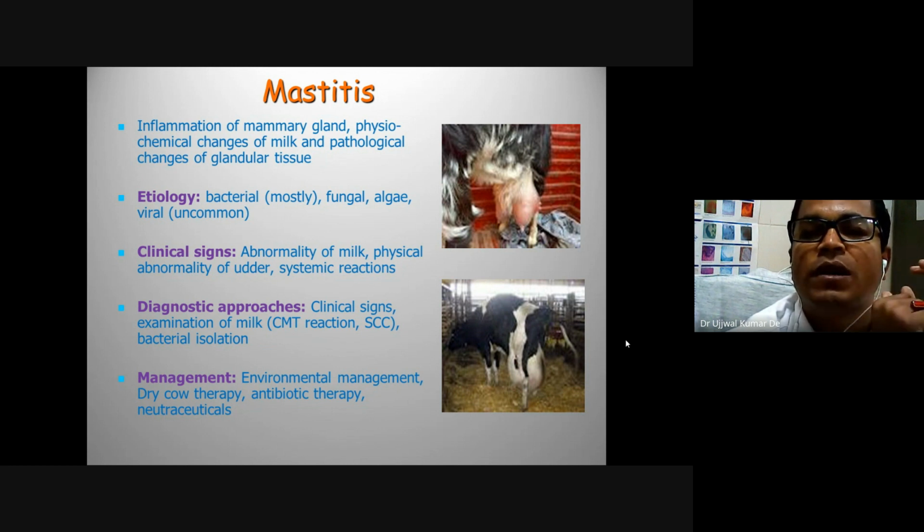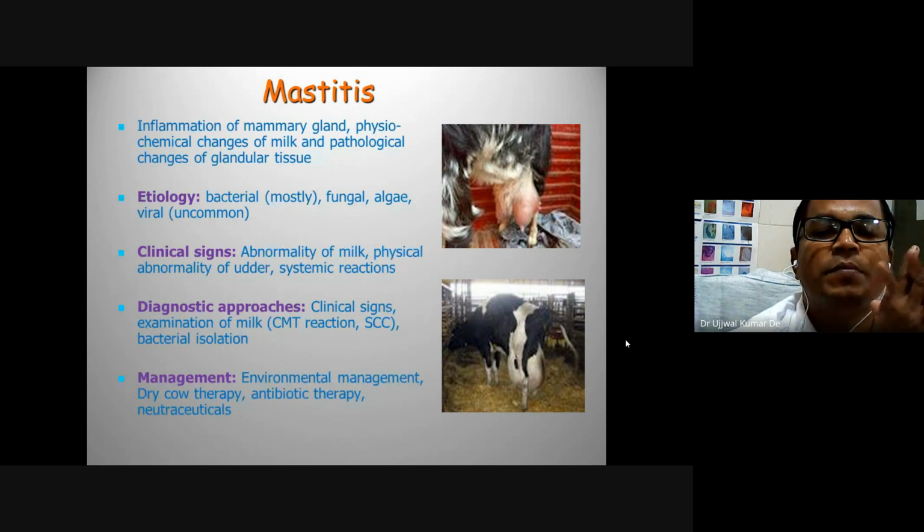If you examine the physical expression, there may be pain, heat, or redness. Number two, you have changes in the milk, in its color and consistency. These are the different types of changes: whether pus is there in the milk, or blood is in the milk. Based on these symptoms, we can diagnose that the animal is suffering from inflammation.